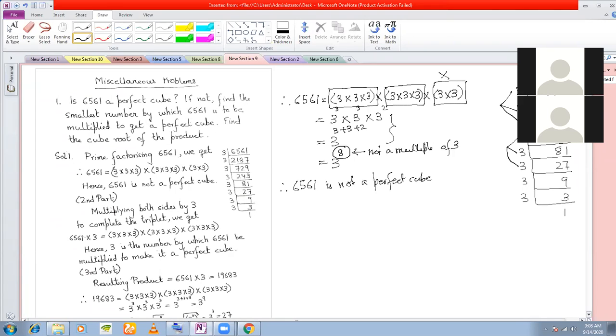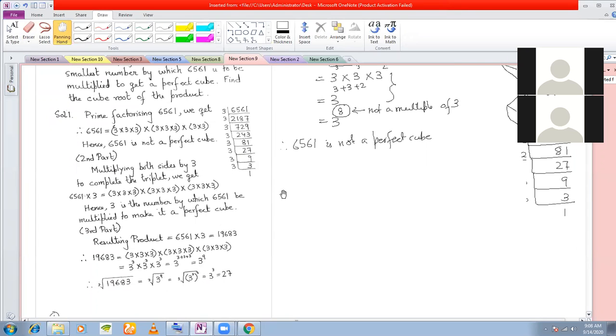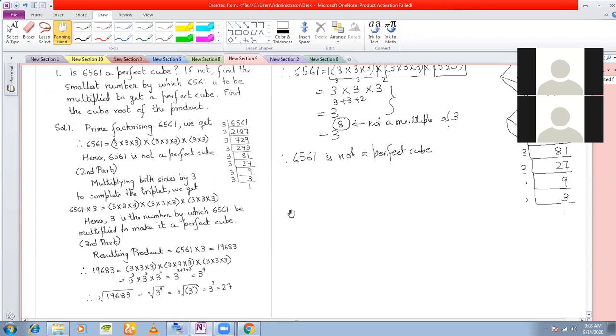The next part of the question here is, if not, find the smallest number by which 6561 is to be multiplied to get a perfect cube. So by what number has this to be multiplied to get a perfect cube?